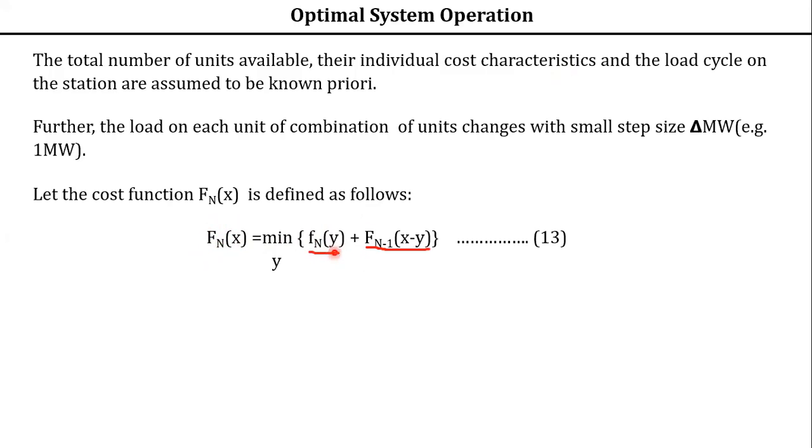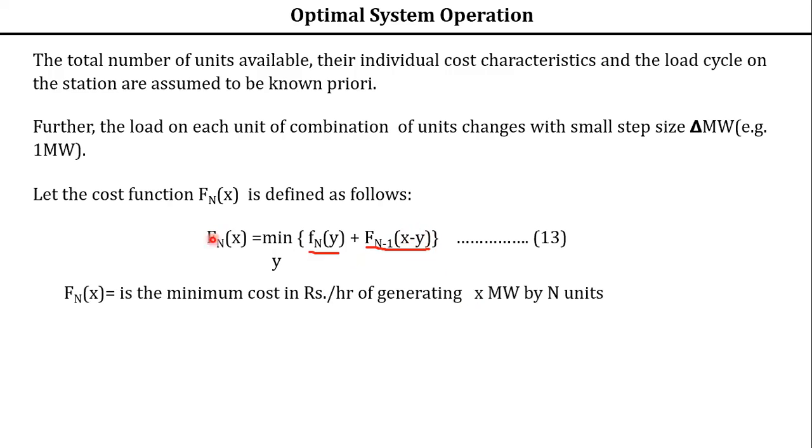What is this small fn y? It is the cost of generating y megawatt by nth unit. Nth unit means only a single unit. Understood? And so the remaining n minus 1 units will take care of the remaining load x minus y.